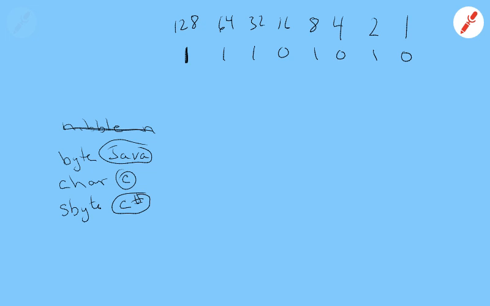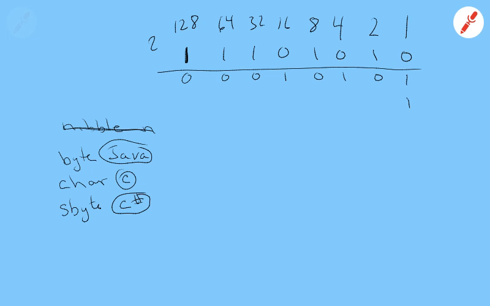We can find out by taking the 2's complement of these bits. So let's flip them all. 0, 0, 0, 1, 0, 1, 0, 1. So there's the 1's complement. And then we're going to add 1 to the 1's complement, and that will give us the 2's complement.